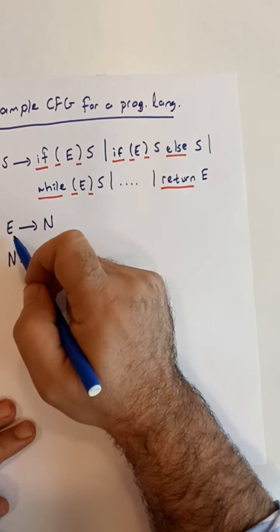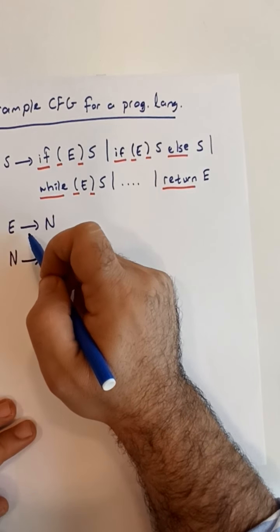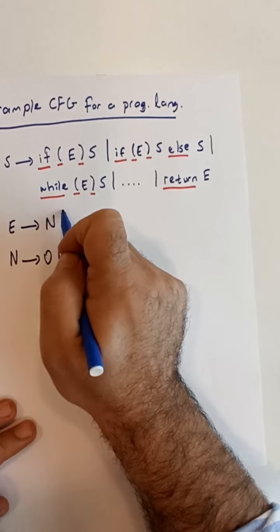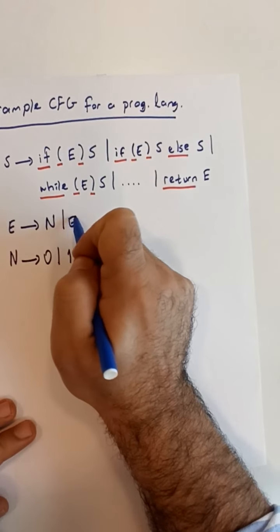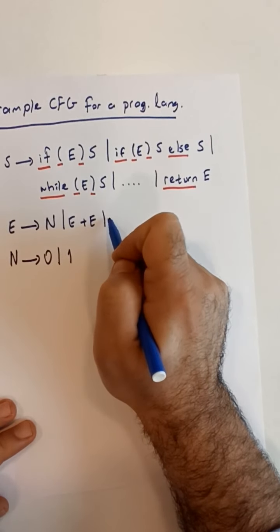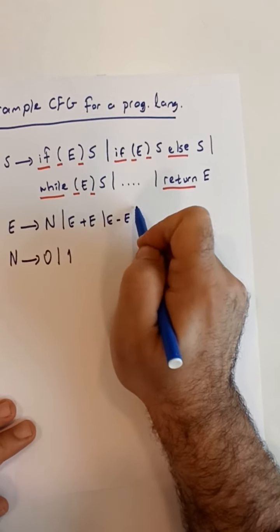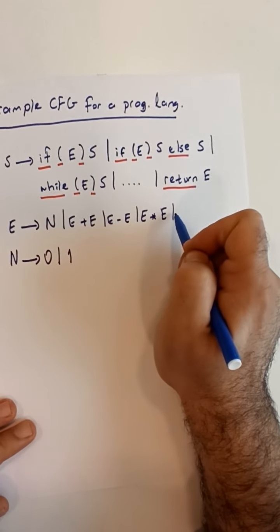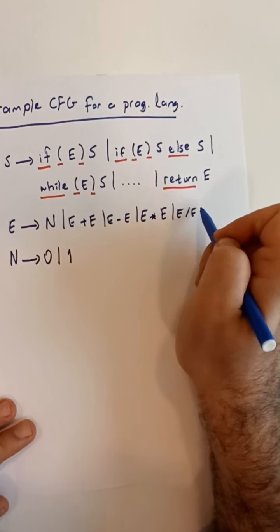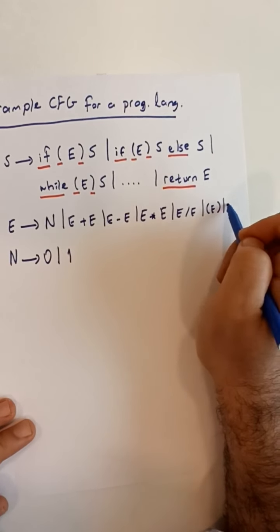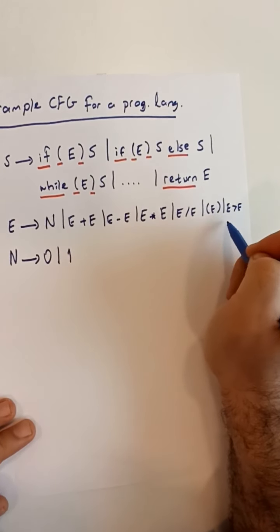Or an expression can be any combination of arithmetical operators or comparison operations. So an expression may be some expression plus another expression. It can be an expression minus some other expression, expression multiplied with another expression, expression divided by another expression, expression in parentheses, expression greater than expression, and so on.